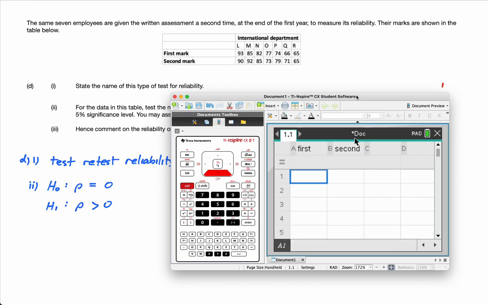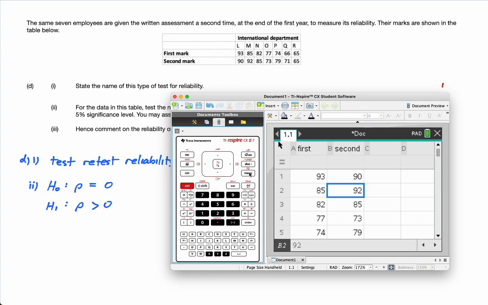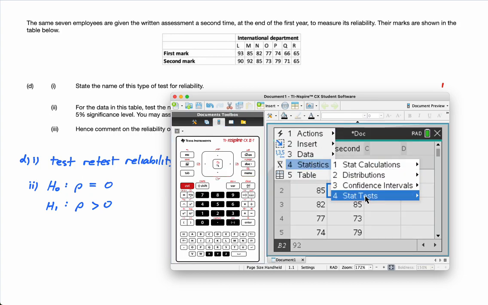First mark, we have 93, 85, 82, 77, 74, 66, and 65. And then going backwards, for the second test we have 65, 71, 79, 73, 85, 92, and 90. Then we go menu, statistics, stat tests.